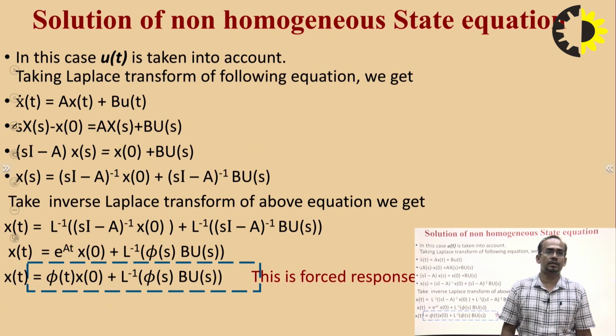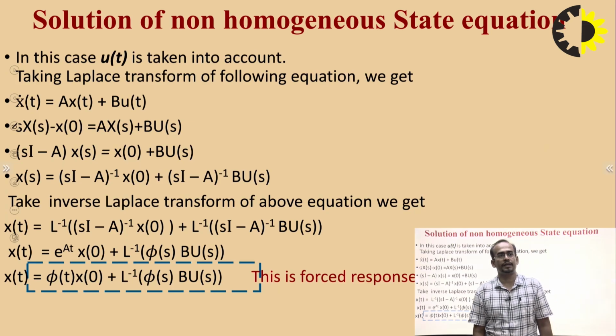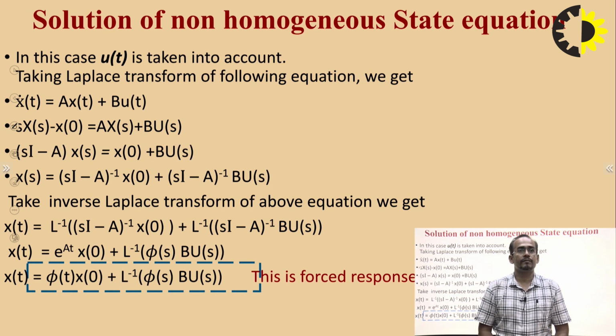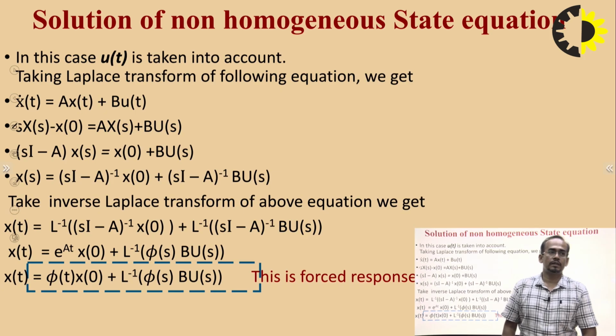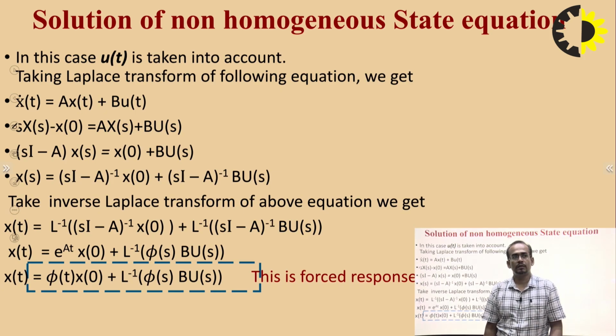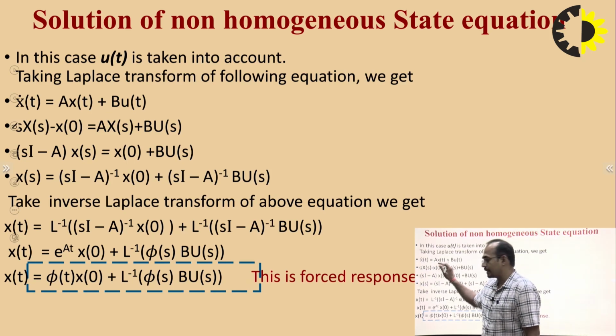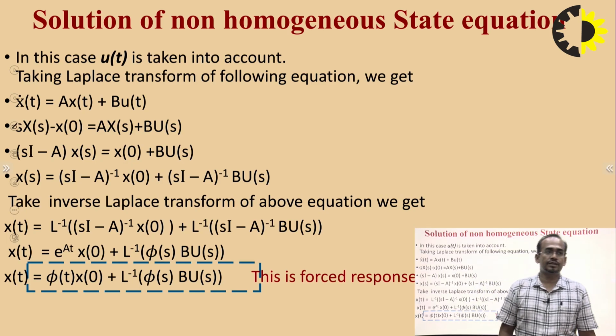Now coming to the solution of the non-homogeneous state equation. So in this case I will consider the input u(t). By considering this input u(t), first of all you will consider the state equation x dot(t) is equal to Ax(t) plus Bu(t).